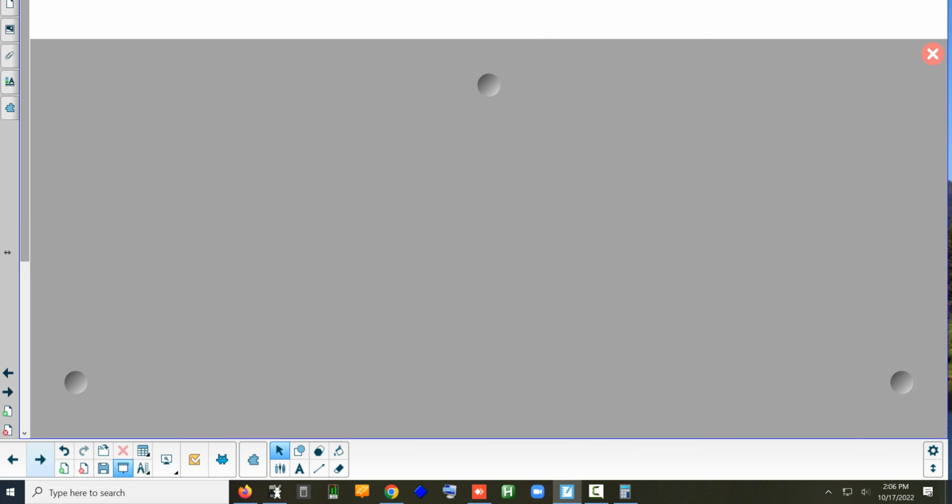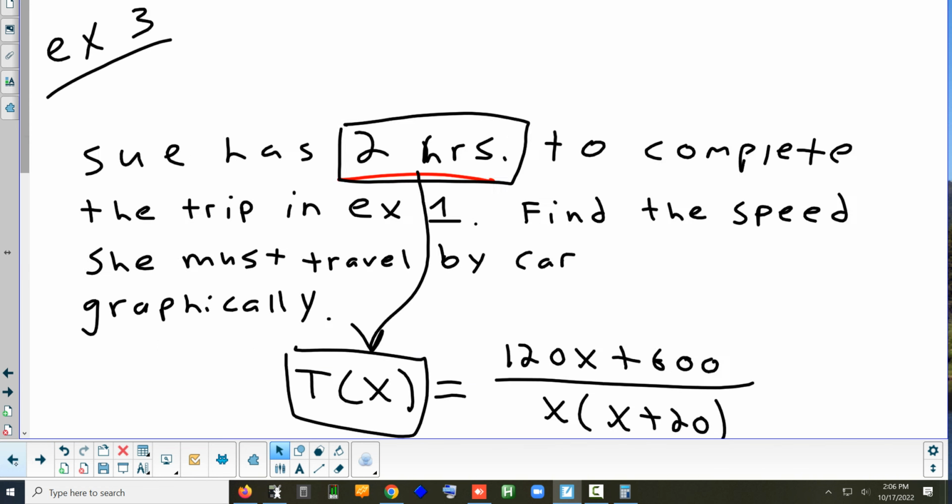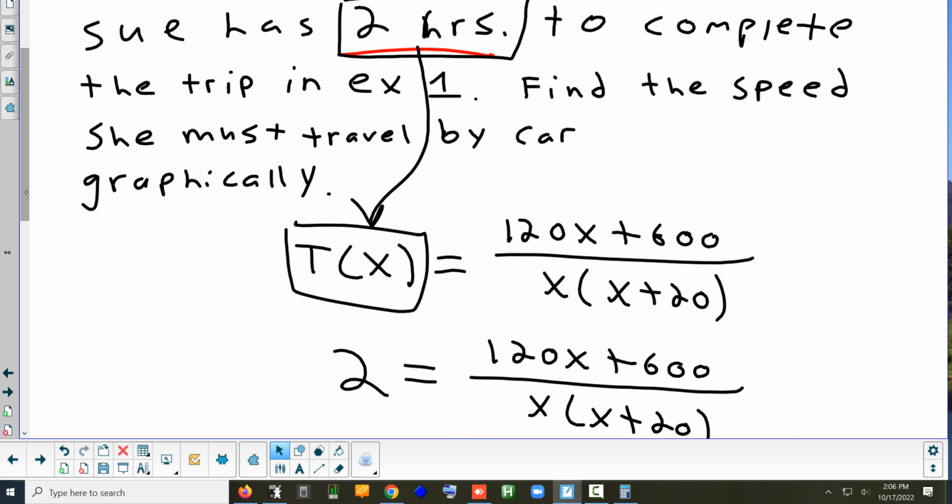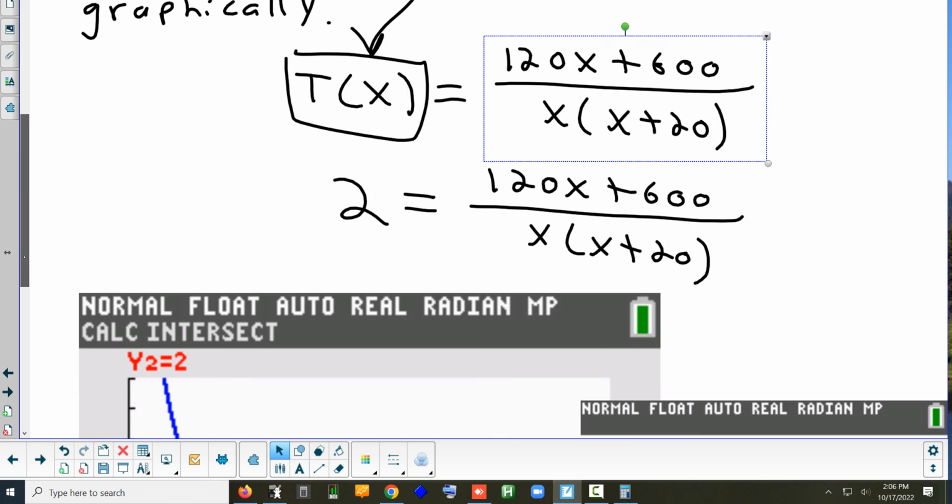So what I want to look at now is doing something similar, but without the graphing calculator. Solving an equation that has a fraction in it, and it has variables in the bottom.